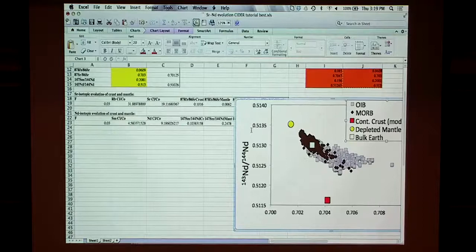We've already established that the red dot is the red dot. But the trend as you go away from bulk silicate Earth, you're incorporating stuff that's heading off towards high strontium. You've got a couple of different trends here. So there's one trend that goes out here, and this is what Bill White called EM2.